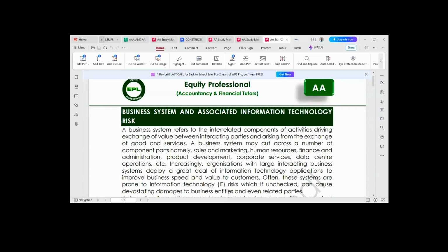Some of us will be making use of systems, or some of us will make use of manual operations, and some of these technological advancements we are yet to embrace fully. So this chapter is always an area that most students do not like to talk about, and I know that students don't like this topic and they always set questions on it.